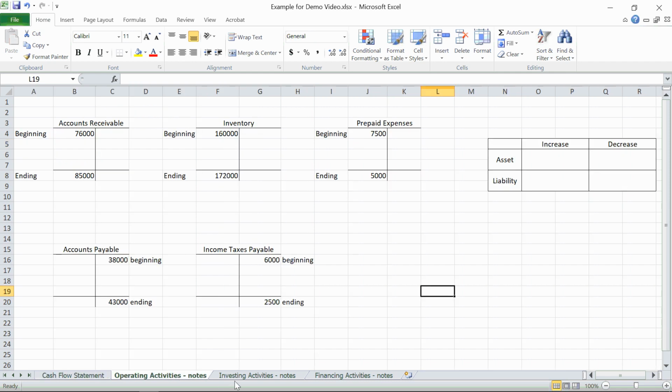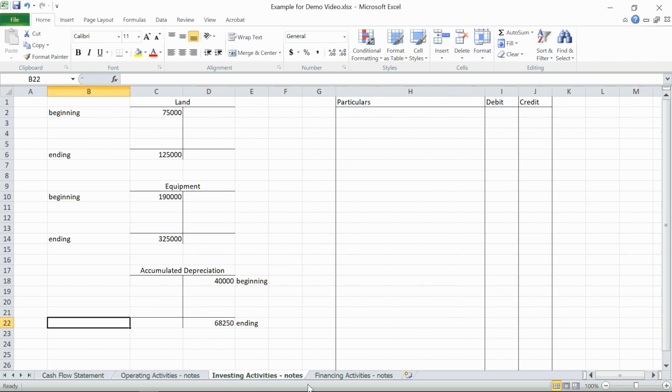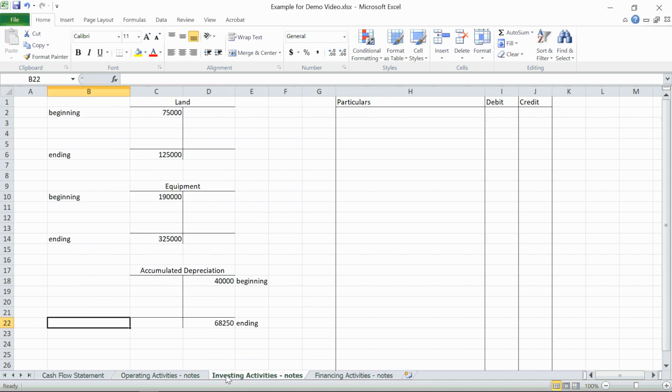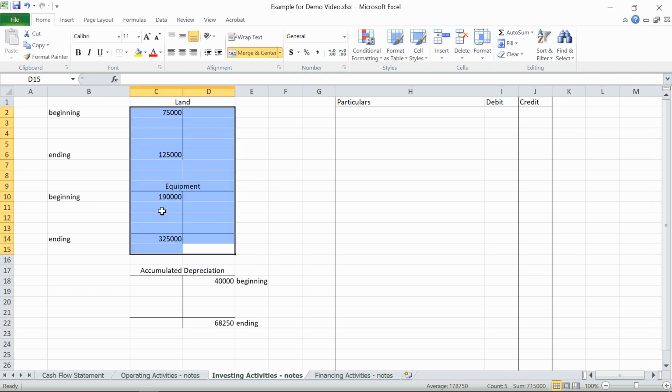So I've set up some T accounts for every account on the balance sheet, divided into the three sections: operating, investing, and financing. The accumulated depreciation, because it's related to the long-term assets, I put in the investing section, even though our depreciation expense is going to go in the operating section.